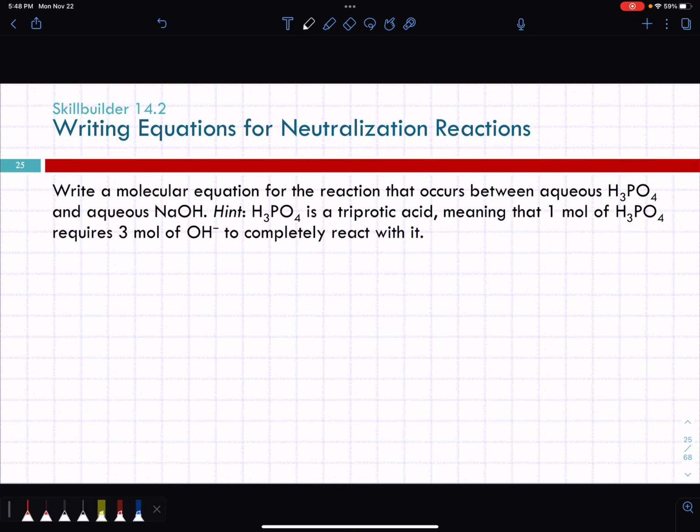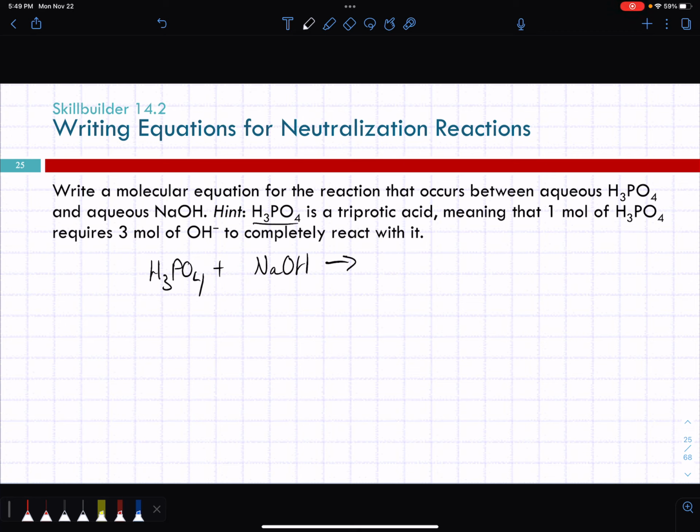So, phosphate. We're going to write a molecular equation for the reaction that occurs between phosphoric acid and aqueous sodium hydroxide. So we've got H3PO4 plus NaOH.